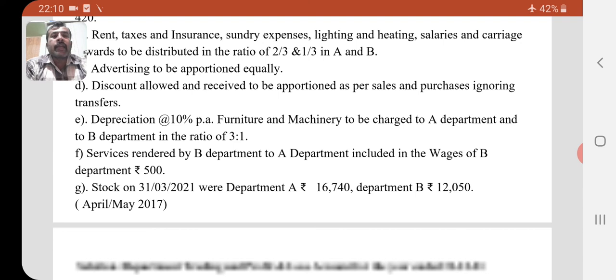Stock on 31st March 2021 were Department A rupees 16,740, Department B 12,050. So this is the information provided in the problem. This problem was asked in the exam in 2017.